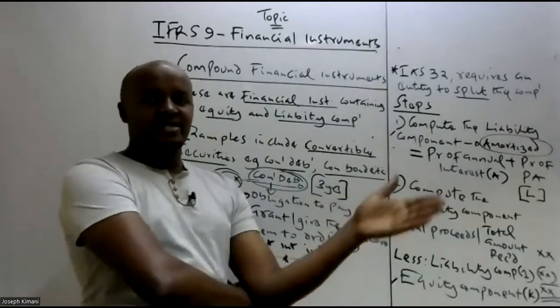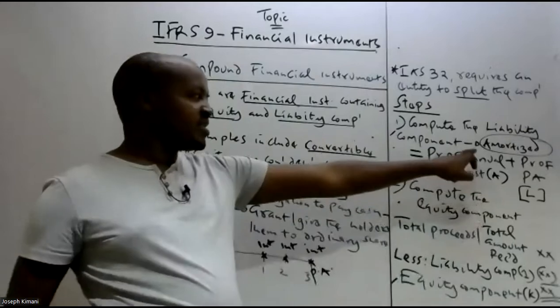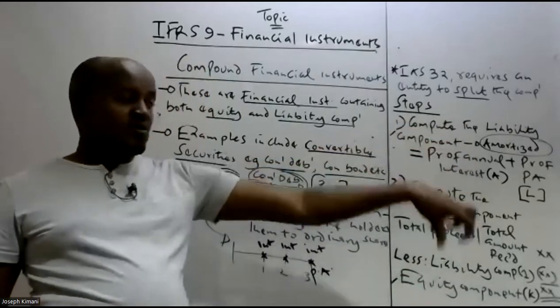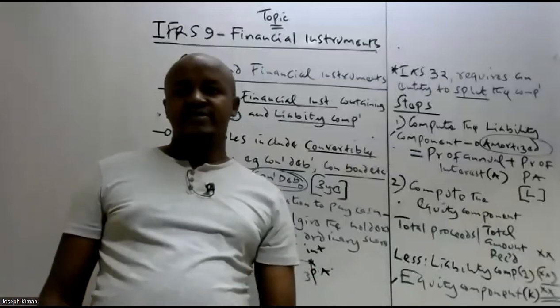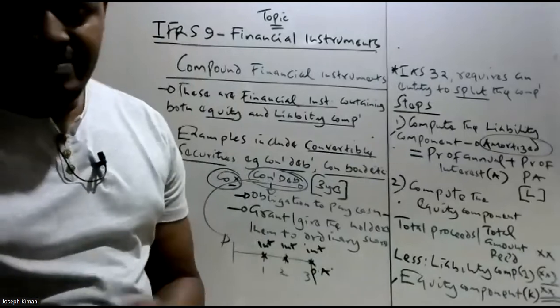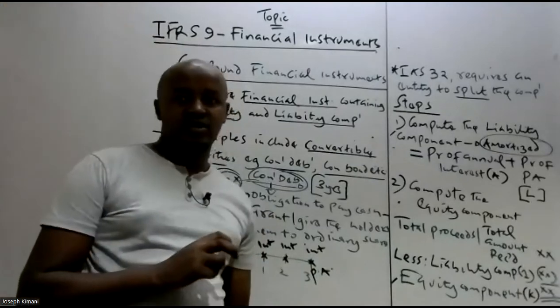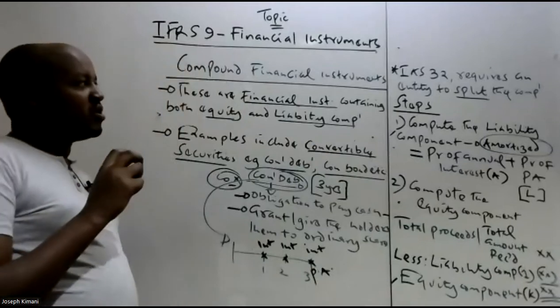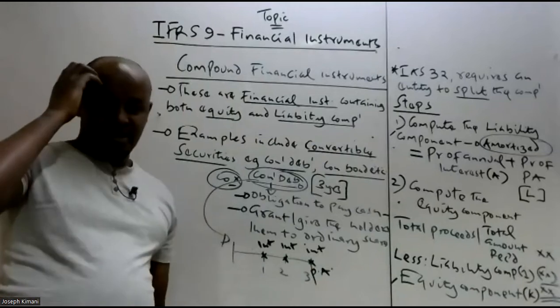You have to write it off in your books of account. So therefore, this liability component must be amortized, but the equity component, we have said that it remains the same. So those are the 2 steps which are followed to split the 2 components, the liability component and also the equity component.